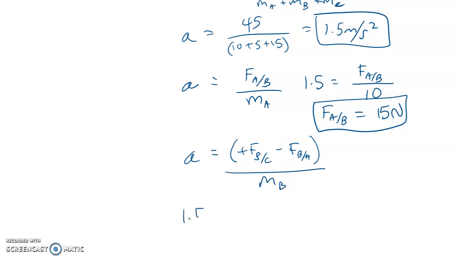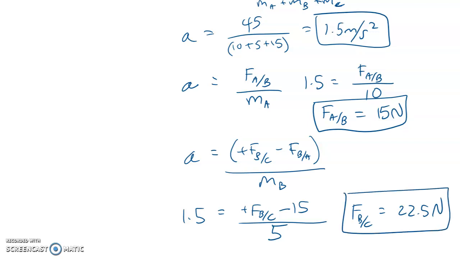When I put in the numbers, a is 1.5. The positive force on B by C is what I'm looking for, minus the force on B by A, same magnitude as the force on A by B, 15, divided by the mass of B, which is 5. And when you work out the math on that one, you're going to get that the force on B by C is equal to 22.5 newtons.